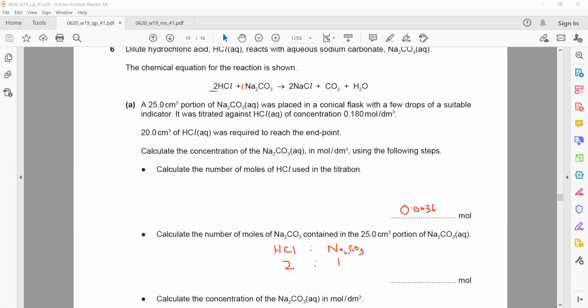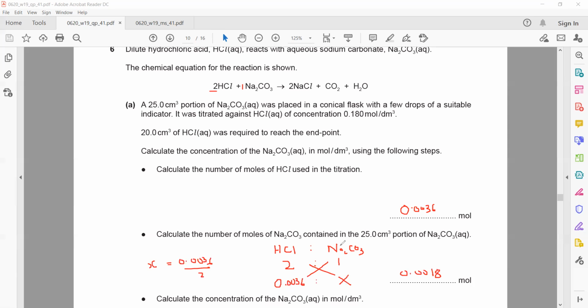According to the balanced equation, if 2 moles of hydrochloric acid are there, there should be 1 mole of sodium carbonate. But how many moles of hydrochloric acid do you have? 0.0036. So how many moles of sodium carbonate will be there? X. Cross multiply. X will be 0.0036 divided by 2, so it will be 0.0018. Is it clear?